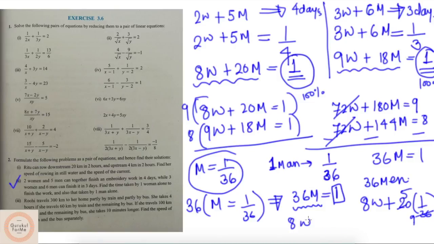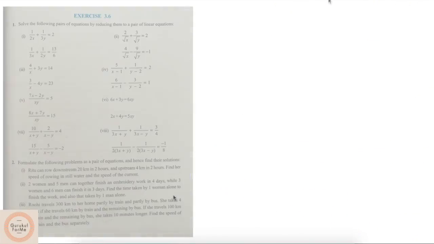That is 8W is equal to 1 minus 5 by 9. Can I say that this is 4 by 9? Do I get the answer of women as 18? I do get it. What does that mean? It tells me that you need 36 men to finish this work all alone and you need only 18 women to finish this work all alone. I hope you got the context.